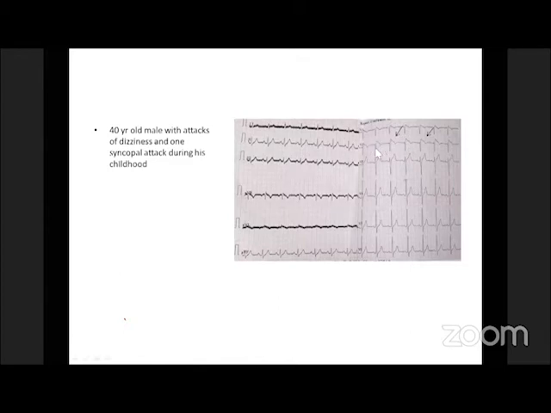The shape of this ST segment is different from that we have seen previously. So it is a typical ECG finding of Brugada syndrome, presented with ST segment elevation in V1, V2, V3. It could be coved-shaped or saddleback appearance, and it is restricted to V1, V2, V3.